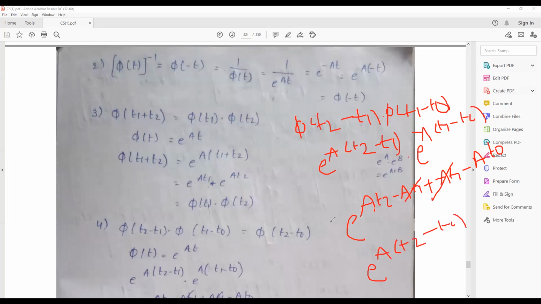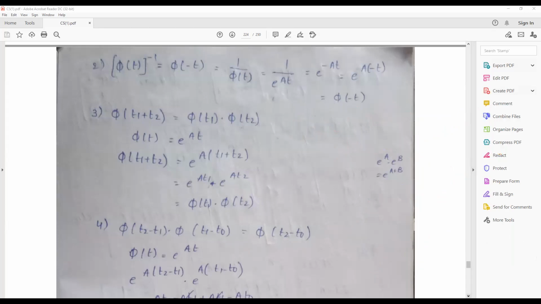Is everyone clear? A is common, so t2 minus t0, which is phi of t2 minus t0. This is the property: phi of t2 minus t1 into phi of t1 minus t0 is equal to phi of t2 minus t0.